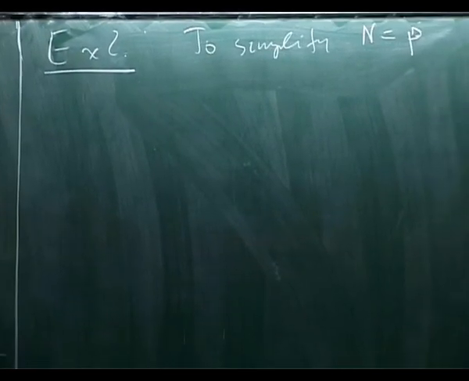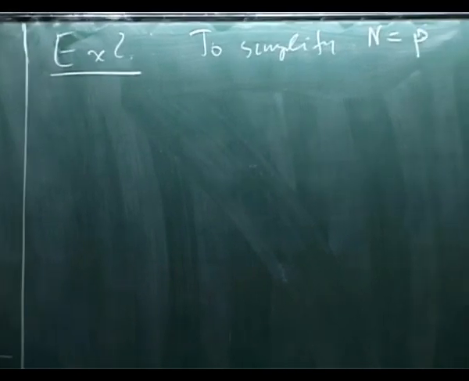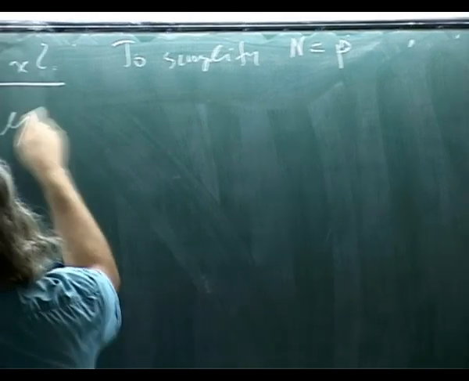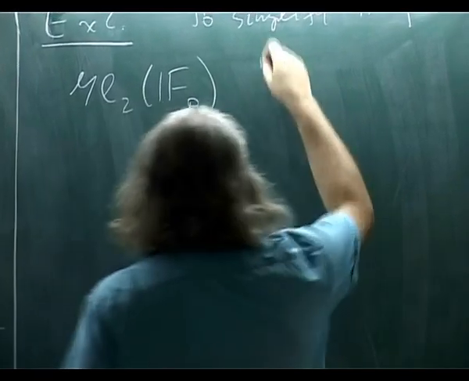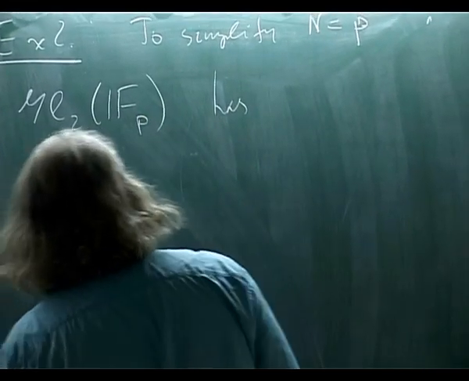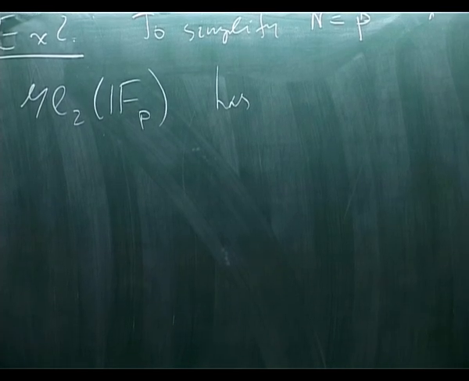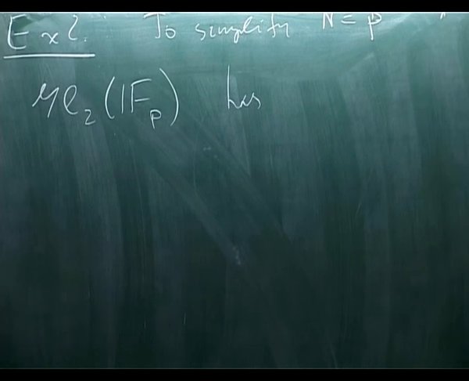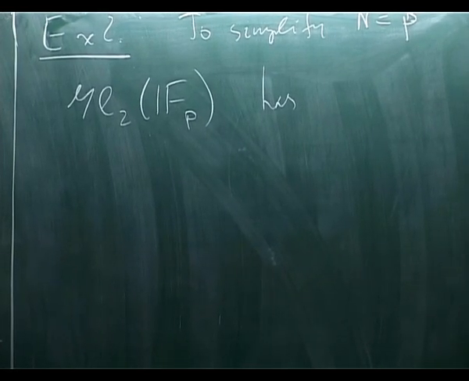And then GL2 of Fp in this case has two types of maximal semi-simple subgroups, maximal abelian subgroups, which are called the split Cartan subgroup and the non-split Cartan subgroup. And they are unique up to conjugacy.